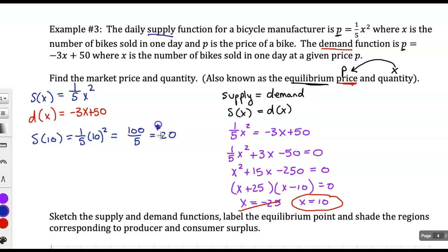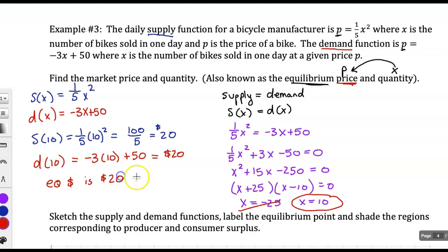And that's dollars because that's the price. Or you could do D of 10, whichever one's easier. You have to get the same answer because we're at equilibrium. So if you look, that's negative 30 plus 50, which is equal to 20. So the equilibrium or EQ price is $20. We also call that the market price.